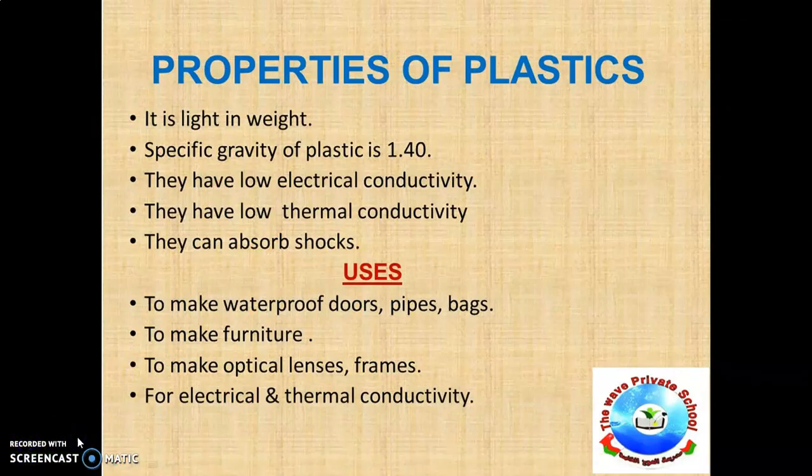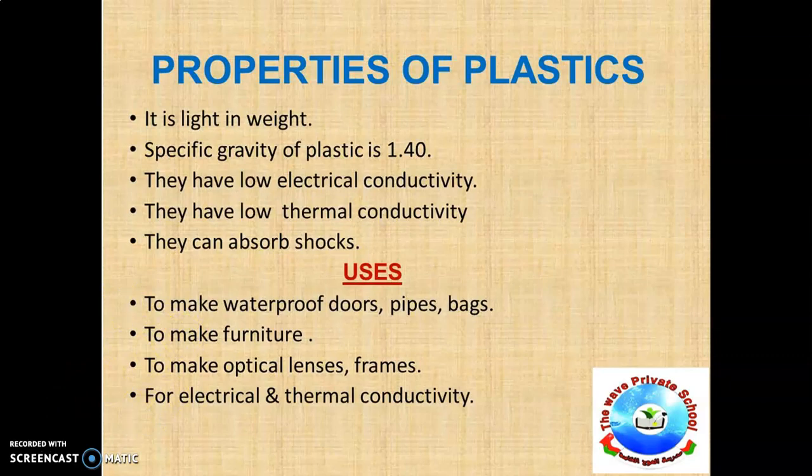The plastic material also has a great property of low electrical conductivity, and it can absorb shocks. So the properties of plastic are that it is light in weight, has low electrical conductivity, low thermal conductivity, and can absorb shocks. By this material we are using many things in our daily life.